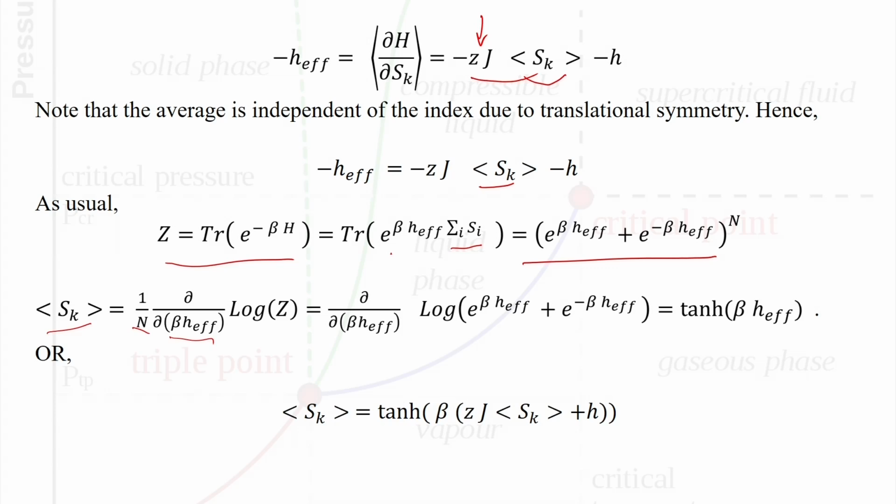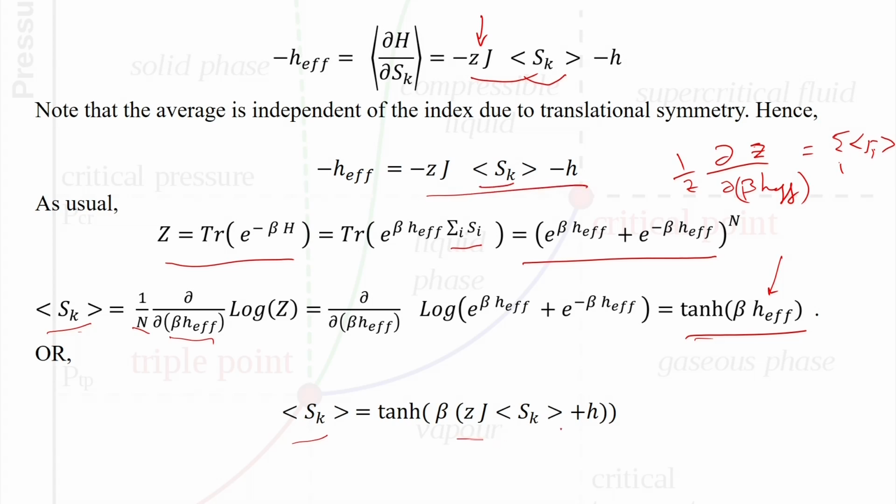So if you take the derivative with respect to beta h effective, this is going to be the average of s_i. Okay, that's what it is. So the average s is going to be this, and remember that H effective is going to be this, so I can rewrite it in this fashion.